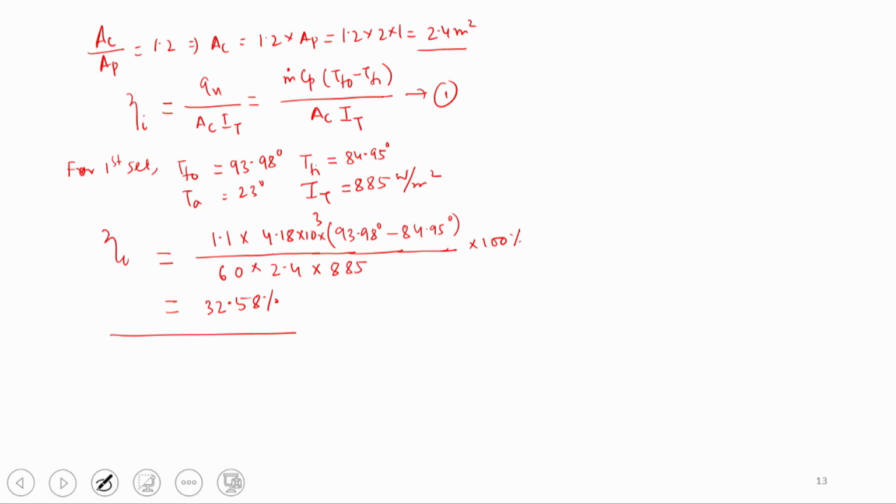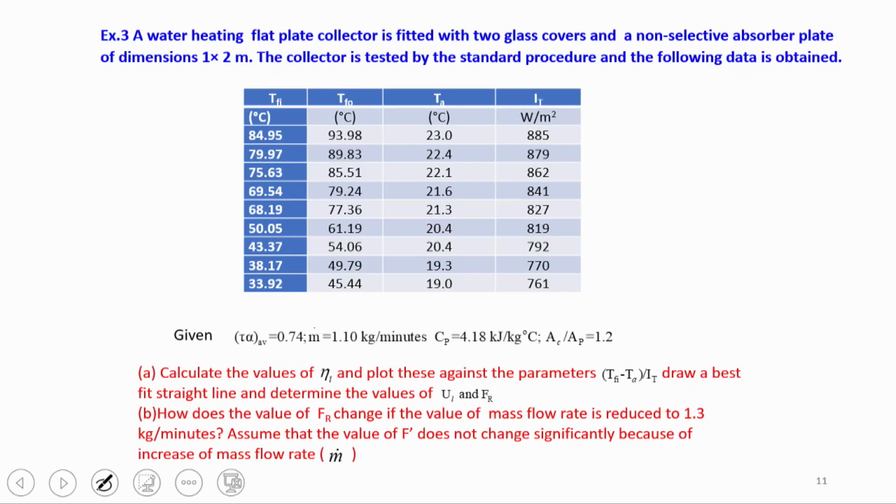I think there is a mistake here. If you could figure it out, it should be T A, right? So if you see this (T F I minus T A) by I T, at least do the first calculation. What is T F I minus T A? This is 84.95 minus T A, how much is it?